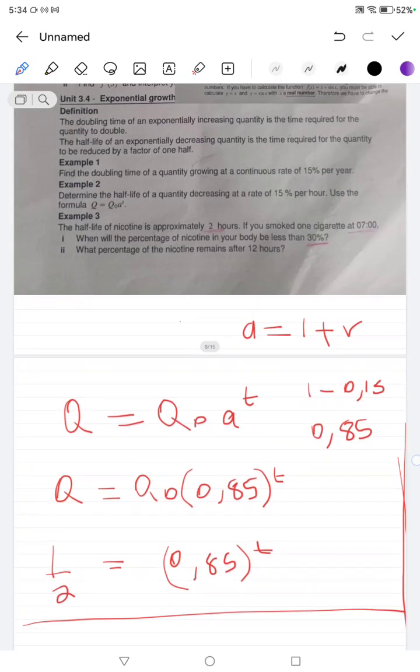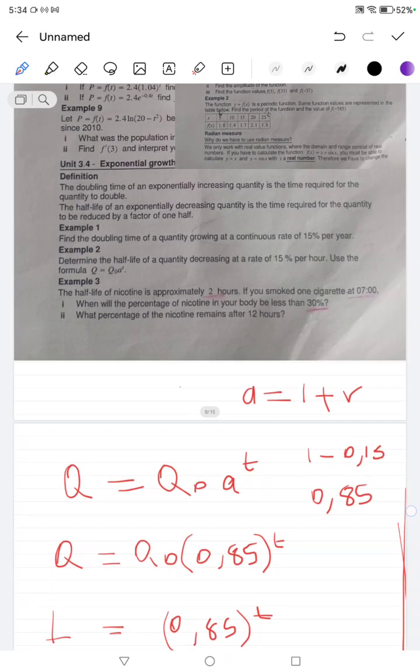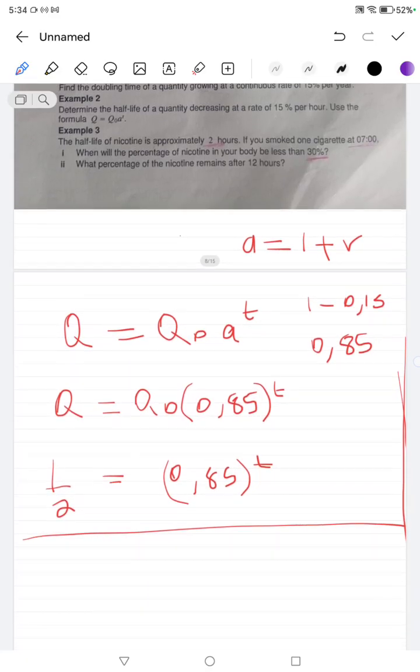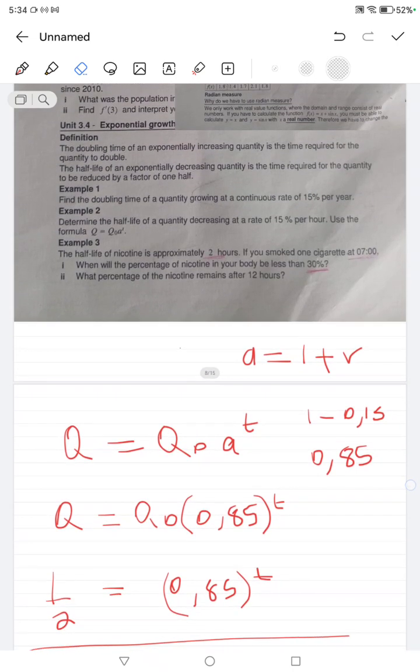So let's do the other example 3. After 3.4 we have to do 3.5. We still have a lot of work. So the one that I would prefer, just use the previous example that we used.